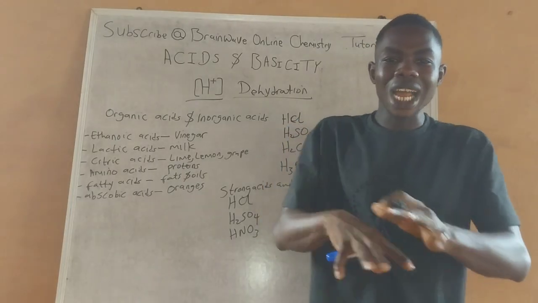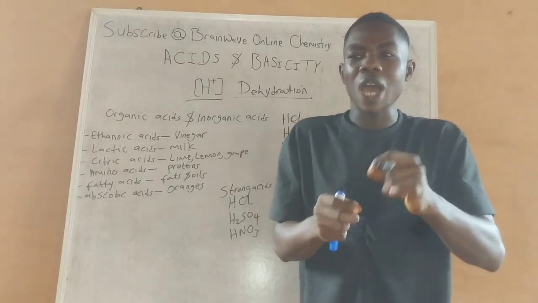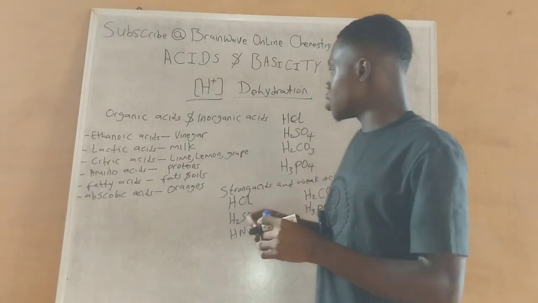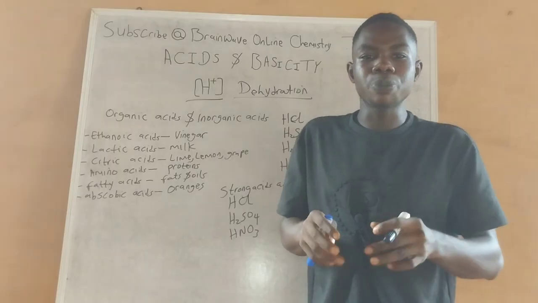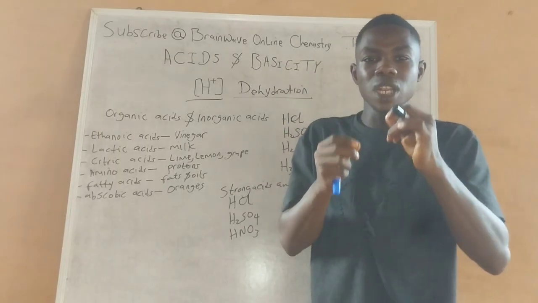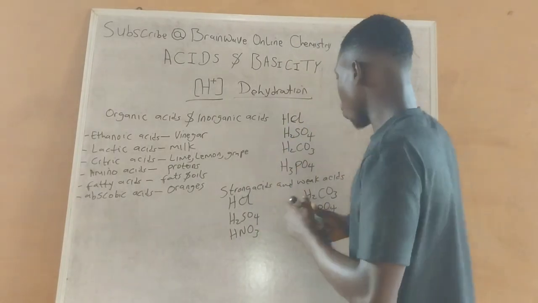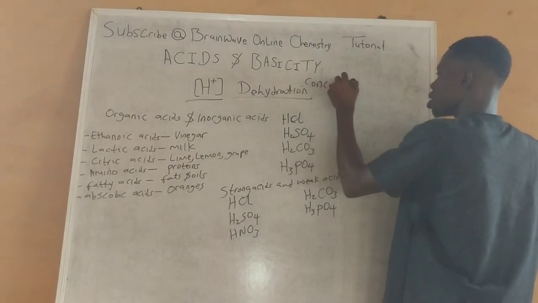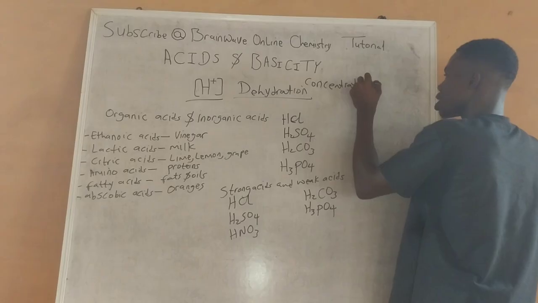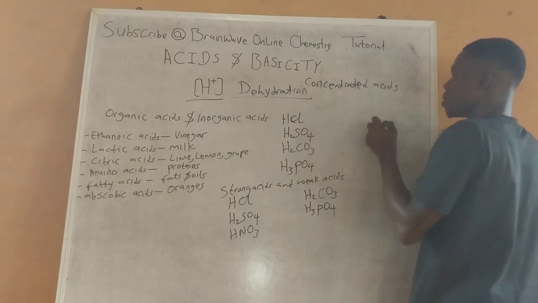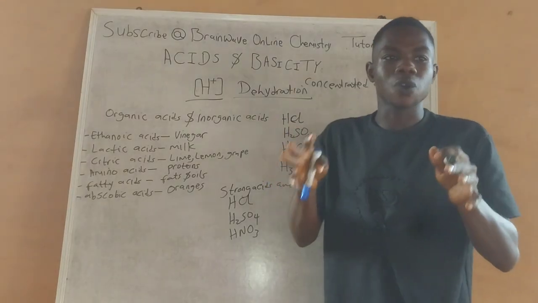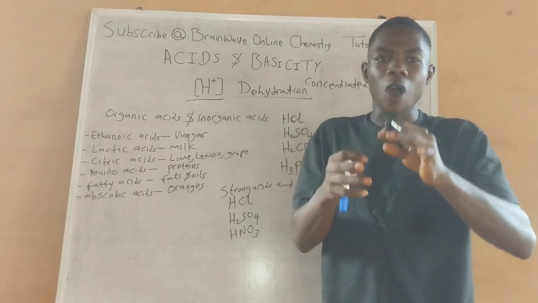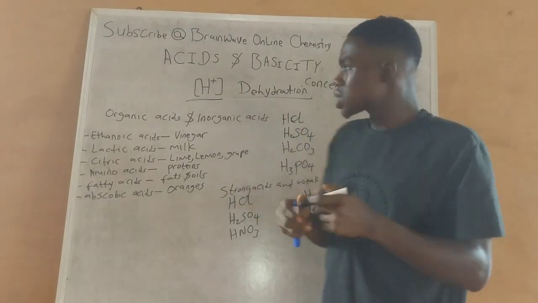Now, when you pour a large amount of acid into a little amount of water, concentrated acid is formed. Concentrated acid is formed when you pour a large amount of acid into a little amount of water. There is also what we call dilute acid.